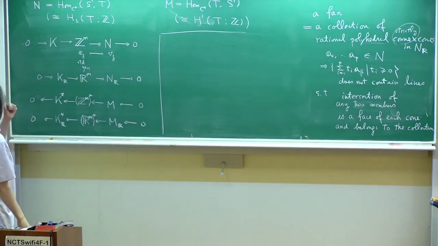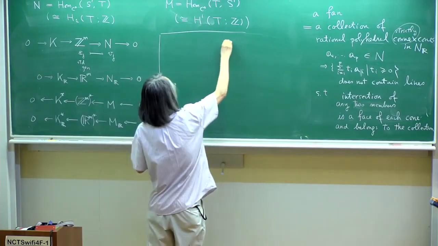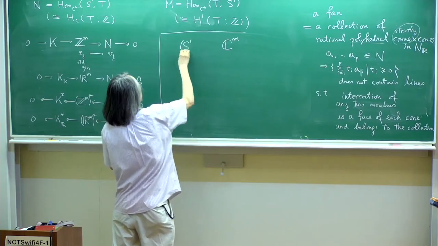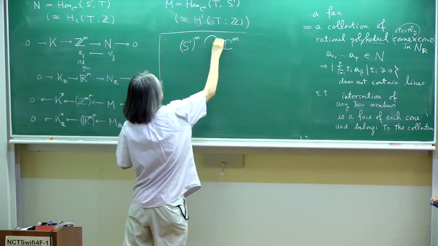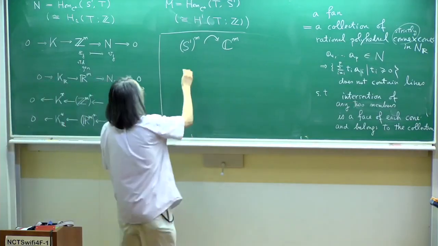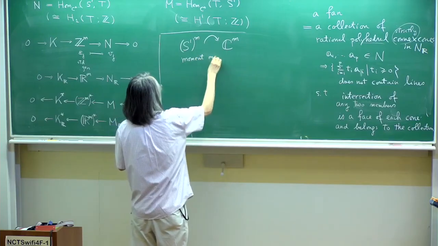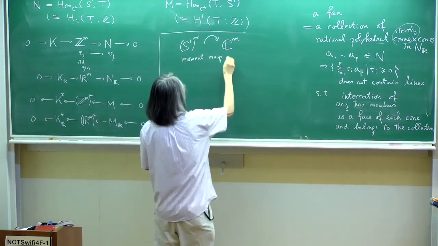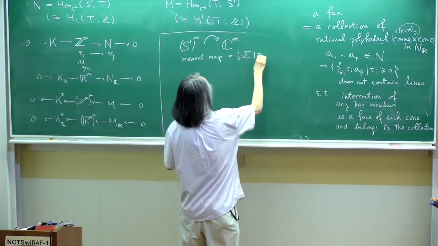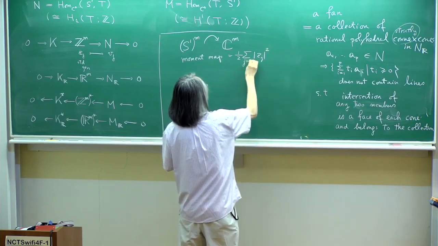So now we consider the space C^m, and then consider the standard action here. Then the momentum map of this thing is equal to 1/2 of the sum, like |z_j|^2, where j runs from 1 to n.